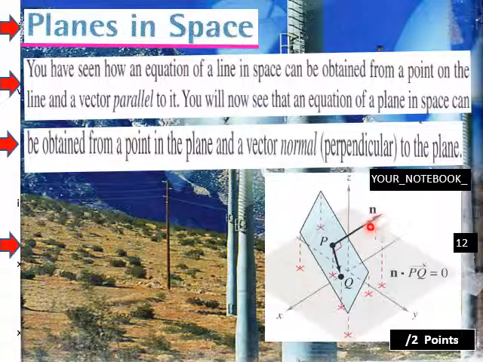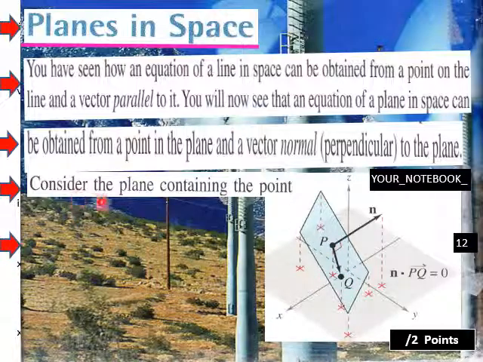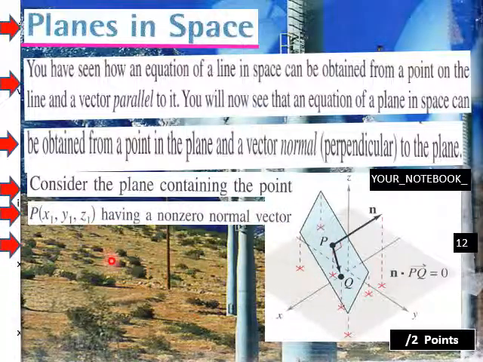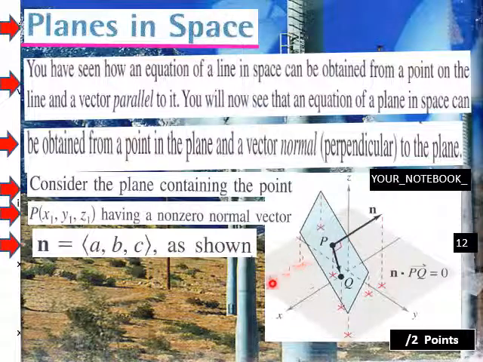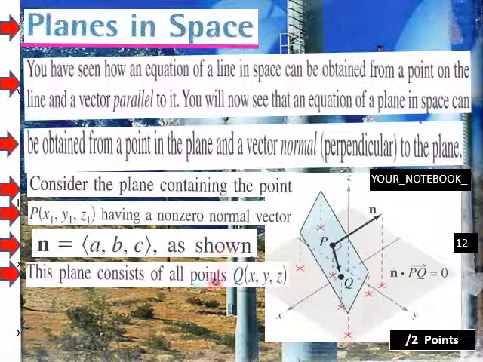So we have a situation here. Consider the plane containing the point x1, y1, z1, having a non-zero normal vector. So n would equal a, b, c, as shown.